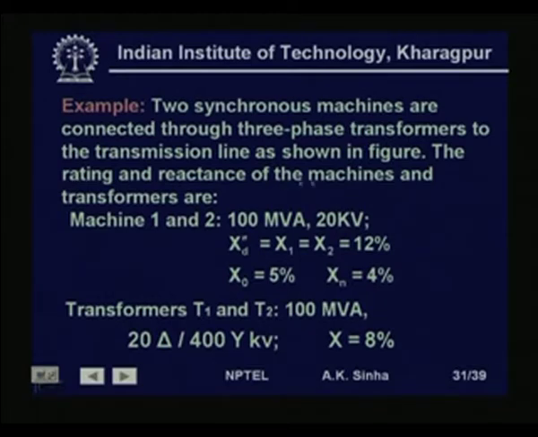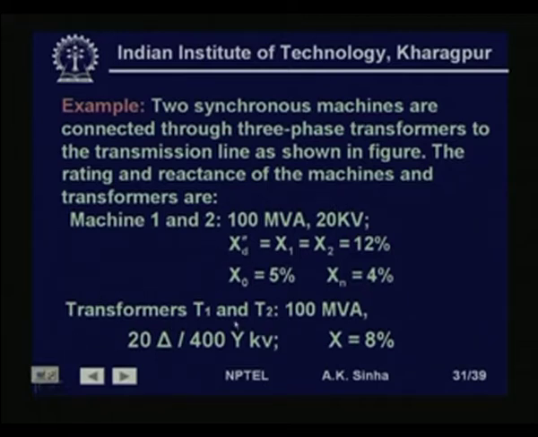The ratings and reactances are: machines 1 and 2, 100 MVA, 20 kV. The X_d double dash, which is the same as X1, the positive sequence reactance, which is the same as the negative sequence reactance, is equal to 12% or 0.12 per unit. X0 is 5% and Xn, the grounding reactance, is 4% for this generator.